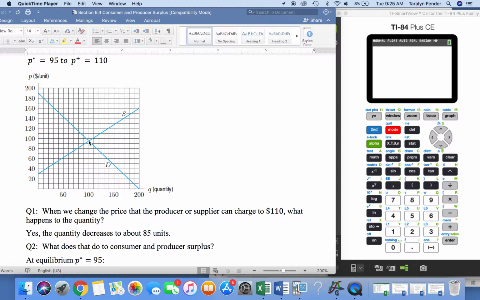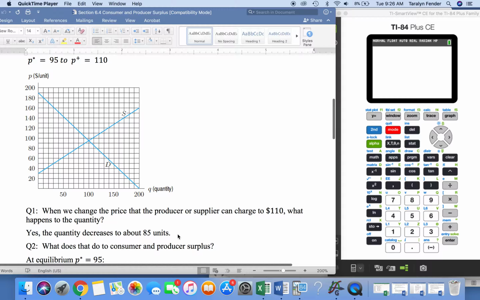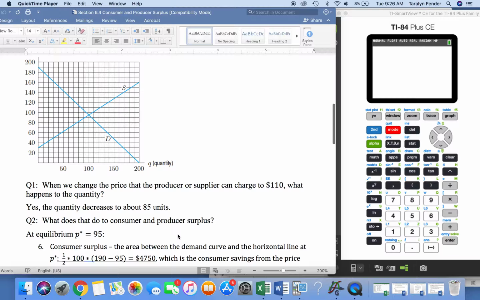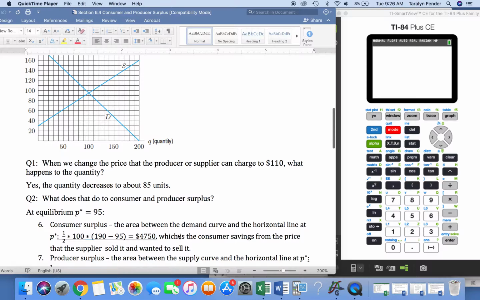So if we change our price to 110, and we are looking at the demand curve because those are the people who are going to buy it, then you come down from this point, and we see it decreases to about 85 units.